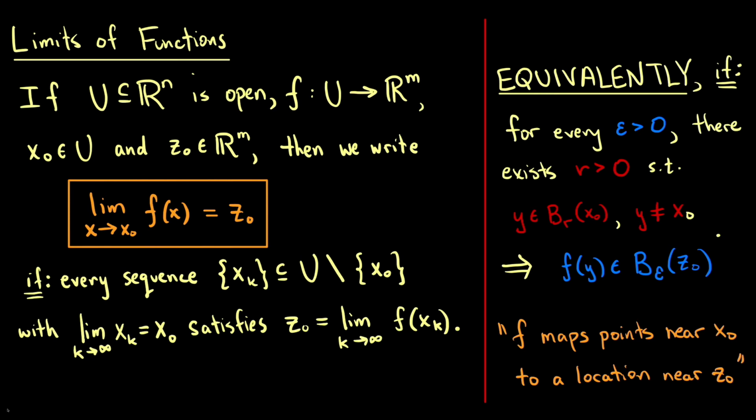Of course, there's an equivalent way to state this in terms of epsilons and r's, just like there was for the limits of sequences in terms of an epsilon-N definition.